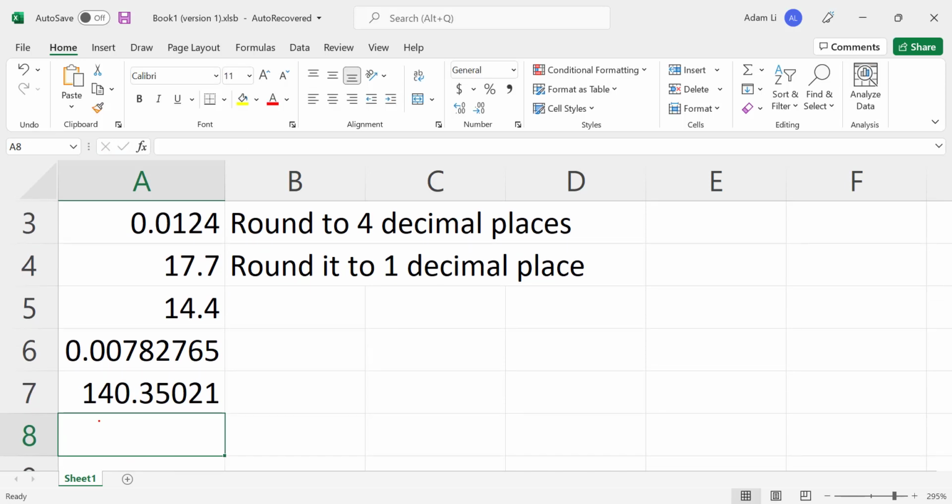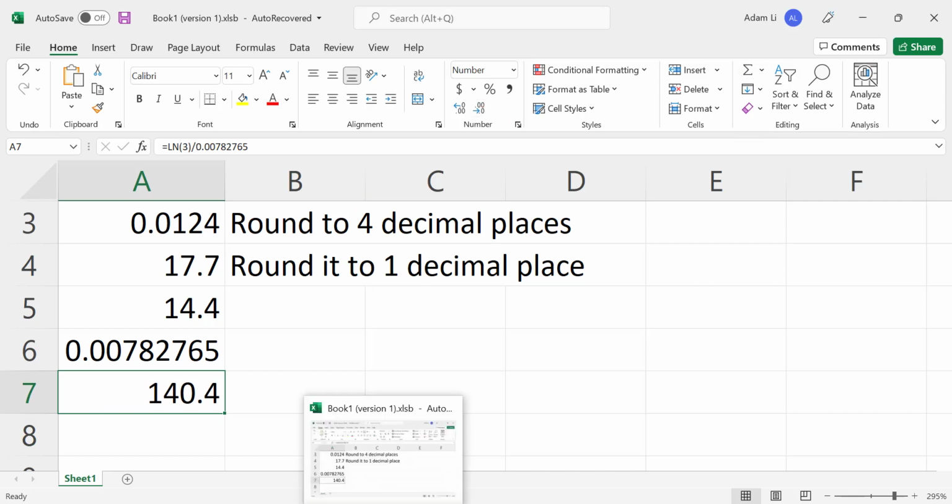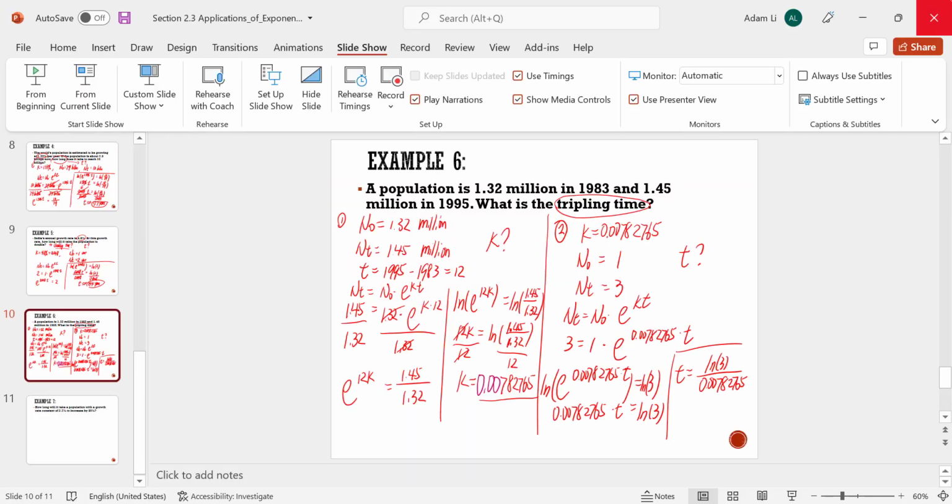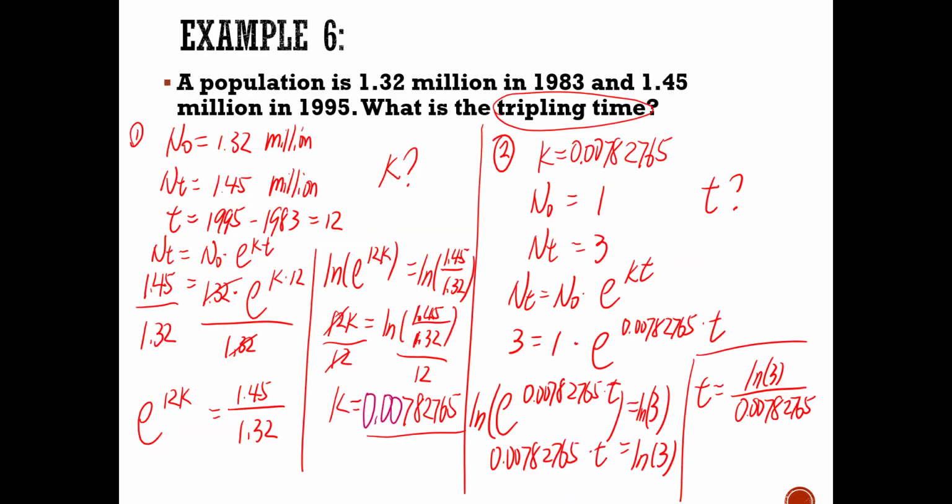So we get that. It's about 140.4 years. So it takes about 140.4 years to triple the population based on this constant growth rate. So time t is approximately equal to 140.4 years. Okay. So this is a typical tripling time problem.